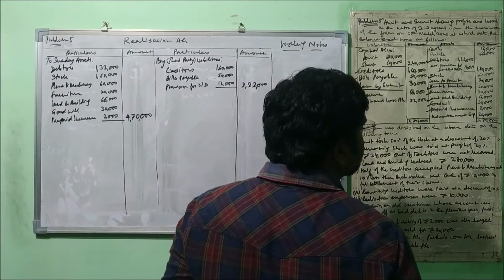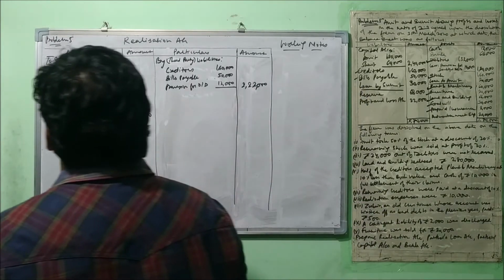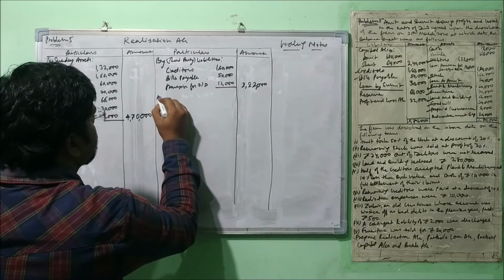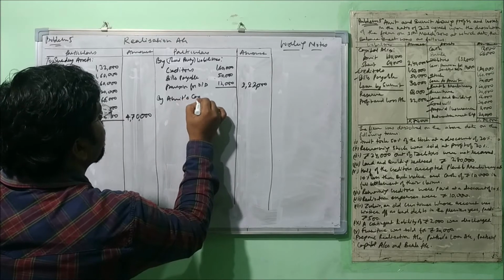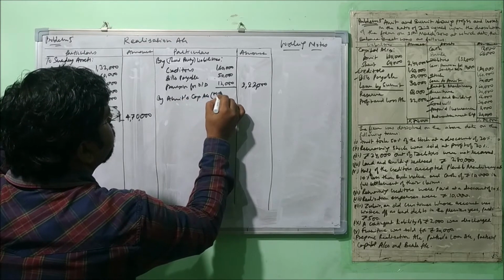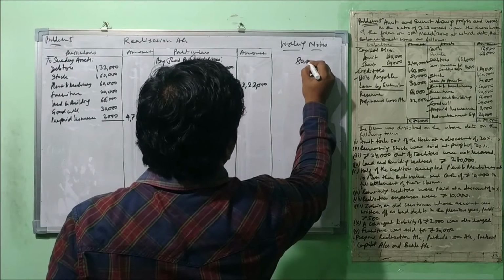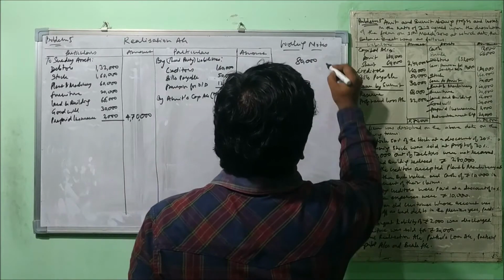Amit took 50% of the stock at a discount of 20%. What was the value of stock? 1,60,000. Fine, Amit took it, so it will be mentioned by Amit's capital account. Half is 80,000, and that too he took at 20% discount.